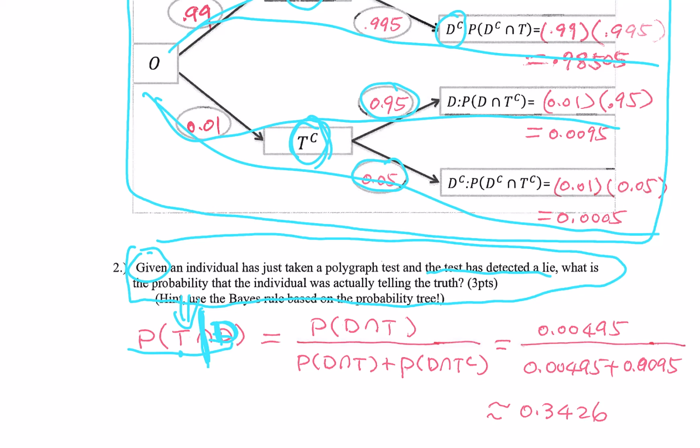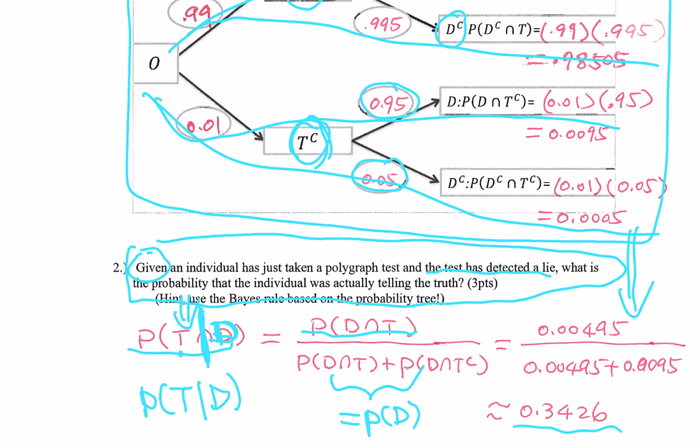That's why we want to know the probability of T given D. Yes, here it shouldn't be an intersection, it should be a condition. By the definition, this conditional probability is the intersection probability over the probability of D, right? Then we just plug in the numbers from the probability tree. We get this guy here.